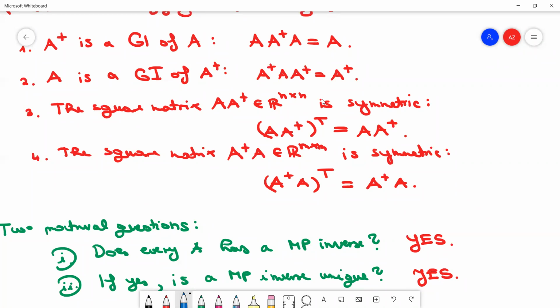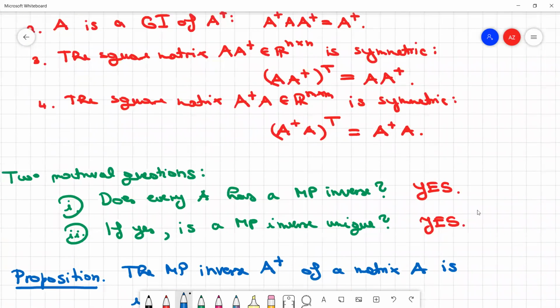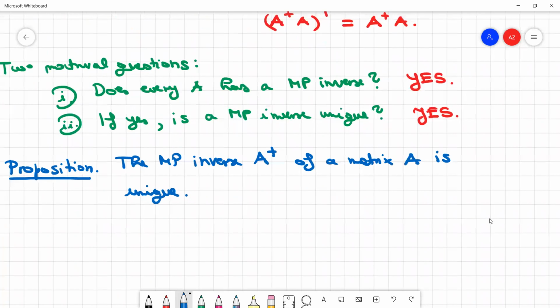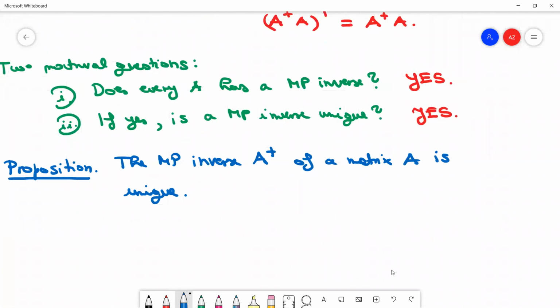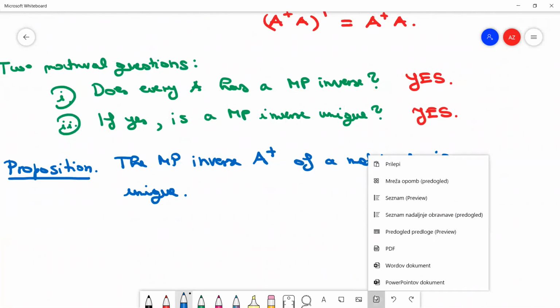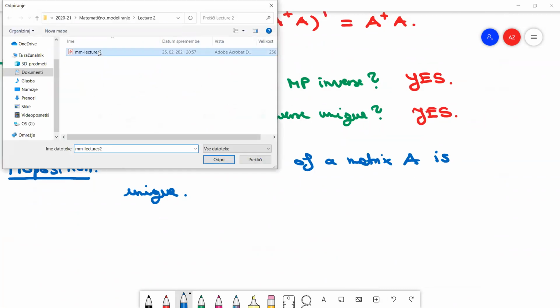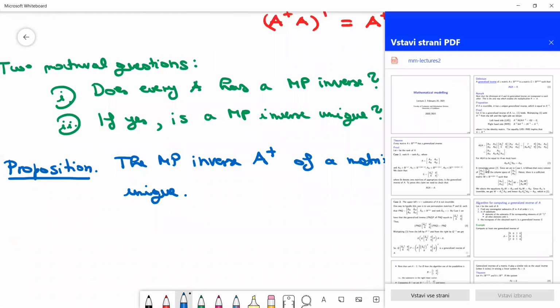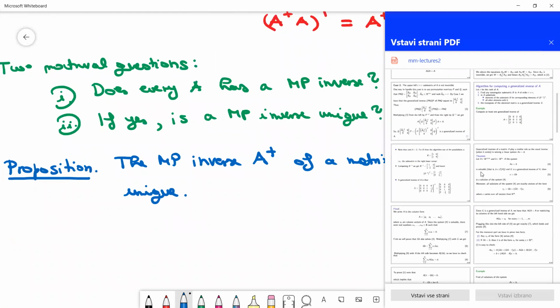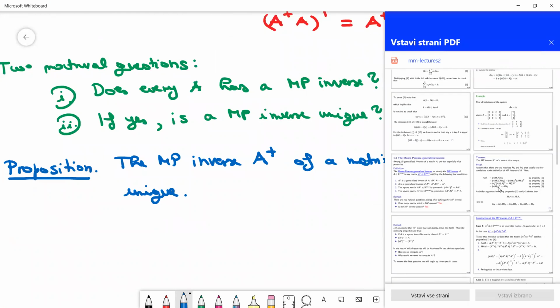We can write 4 conditions for both candidates, play with those conditions, and get that they coincide. Maybe I can just show you a short proof in the handouts, and then you can read it yourself, or try to manipulate those 4 conditions to prove that the Moore-Penrose inverse is unique. So it's on this slide.